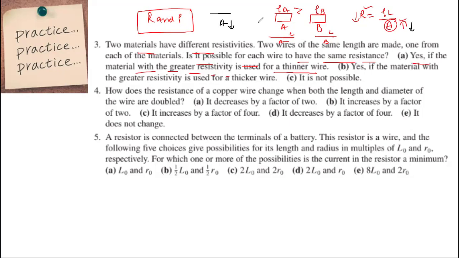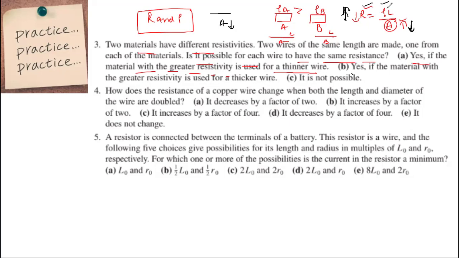When area is less, because they're inversely proportional, resistance will be higher. So this is not the scenario, because we are trying to reduce or maintain the resistance. If already the resistivity is higher, resistance will be higher already, and if you are trying to thin down that wire, resistance will increase instead of balancing out.